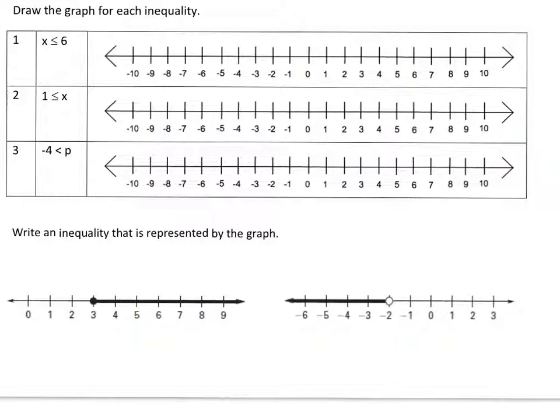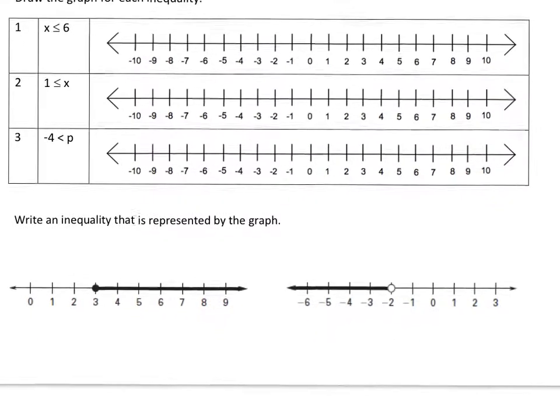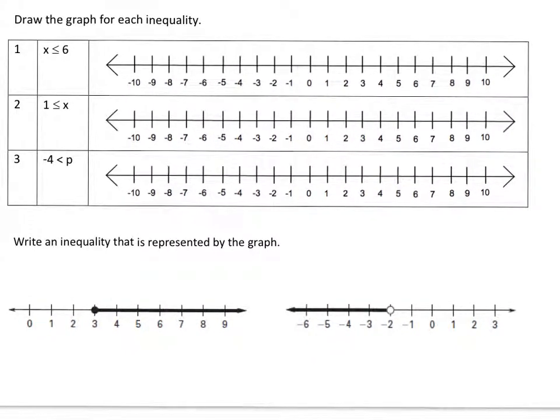Okay, we're going to draw a graph for each of these inequalities. A couple tricks when you're graphing: make sure that your variable is on the left. So in this case we have x on the left. If you do that, you'll be able to use this awesome trick.